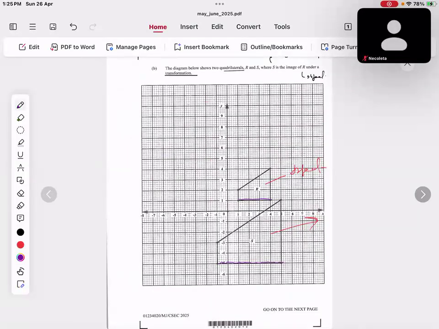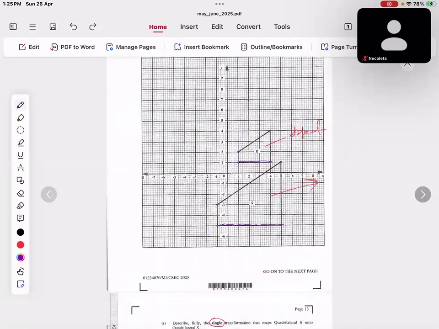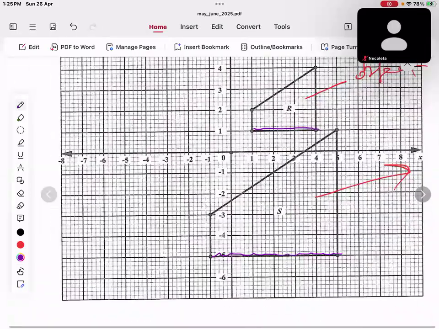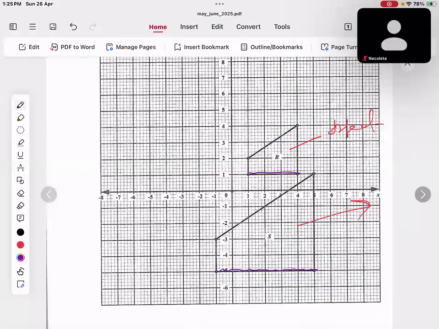Watch me now. I'm going to connect this to this. I'll do it neater than that, you know. So we take a corresponding point on the object and match it with a corresponding point on the image.